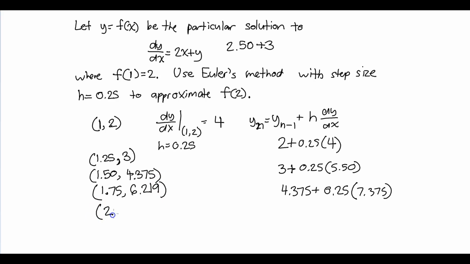And now at 2, finally, at 2 we have 6.219 plus 0.25 times the dy/dx evaluated at this point. Okay, so 2 times 1.75 plus 6.219 gets you 9.719.